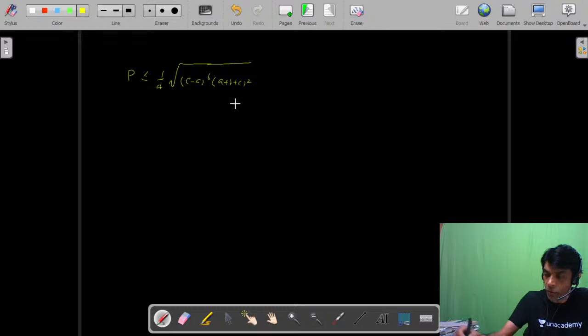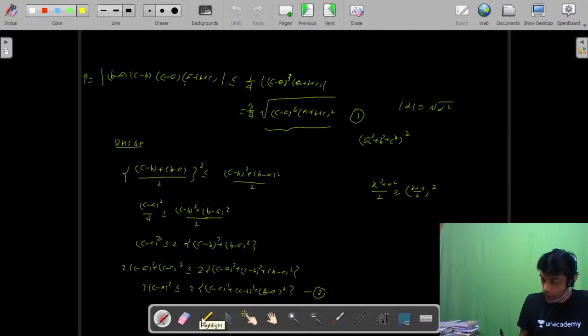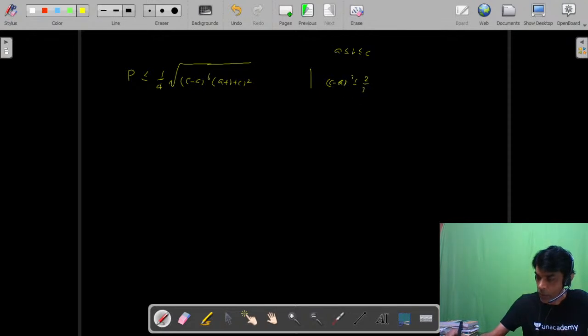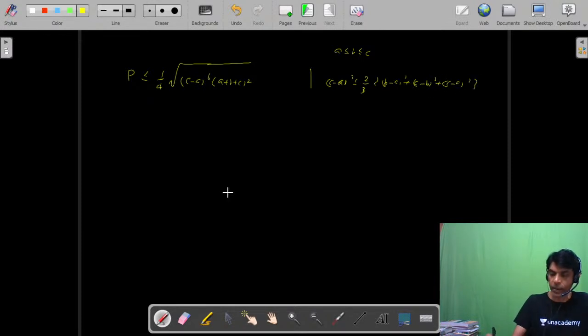And then we also got, remember a less than or equal to b less than or equal to c, they were real numbers, so I got c minus a squared less than or equal to 2/3 of some symmetric thing: b minus a squared, c minus b squared and c minus a squared.